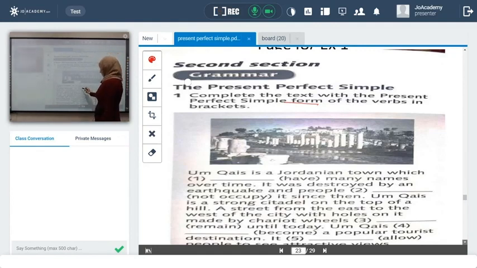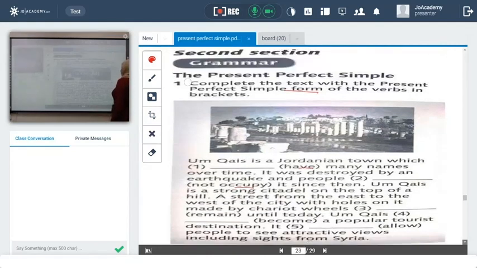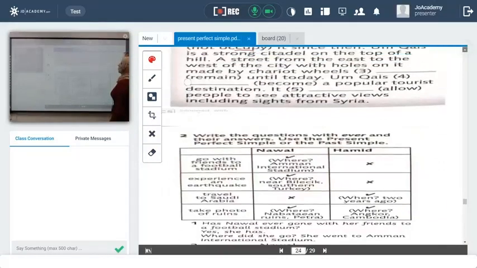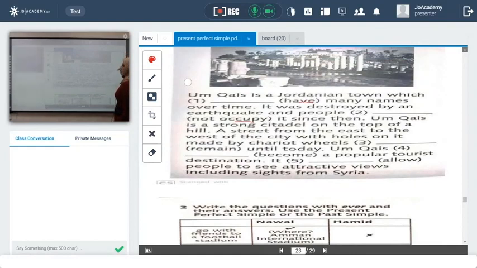So here we have verbs in brackets. We're going to write them in the present perfect tense. Before we do that, I will read the text first and you complete it with the missing word or verbs while I read it.